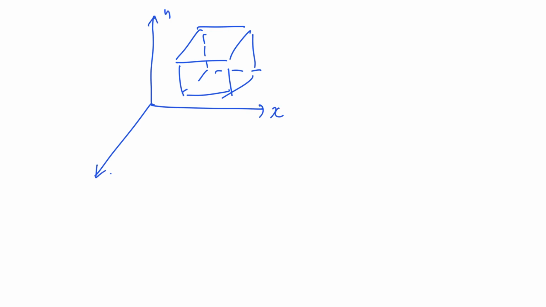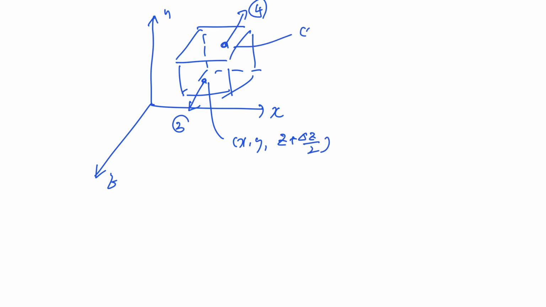Okay, another direction. Let's say this is 3, 1, 2, and this is 4. So this must be x, y, z plus delta z over 2, and this is x, y, z minus delta z over 2.